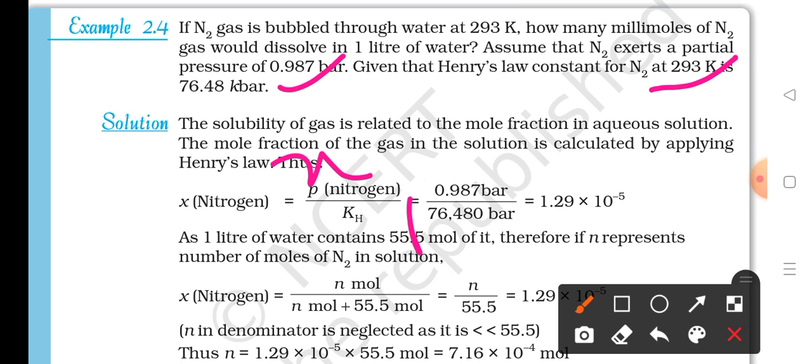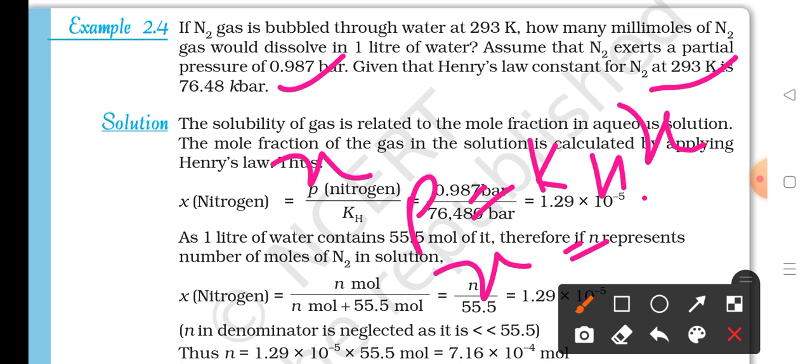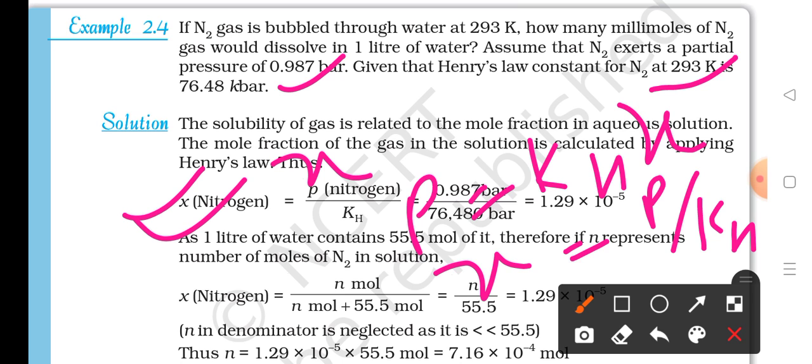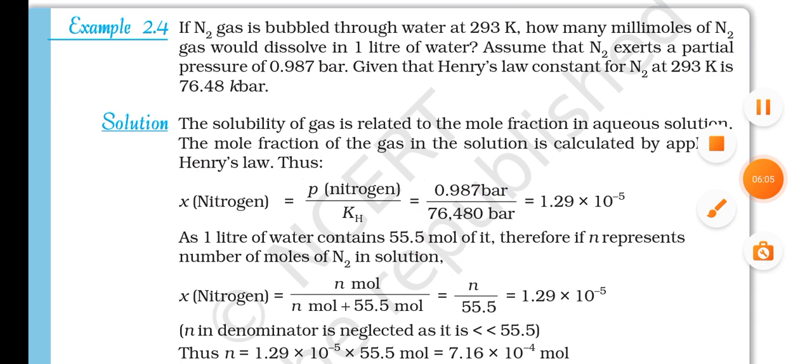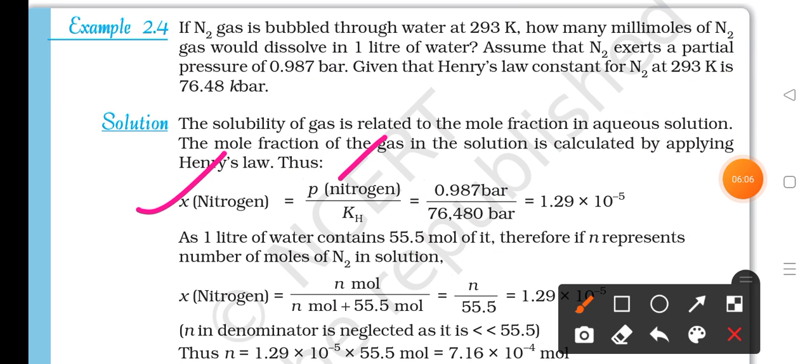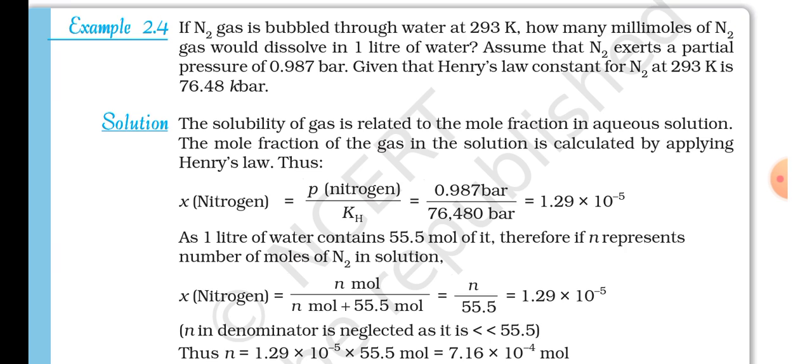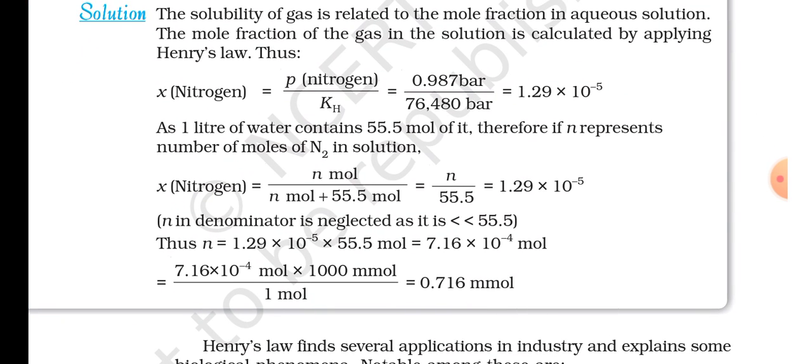Why? Because P equal K_H X, so X equal P by K_H. Here this equation is used. We put the values of P and K_H and we get the value of X, which is the mole fraction.